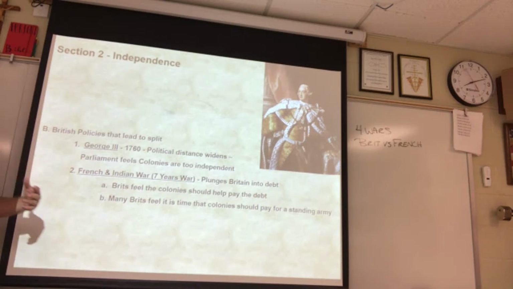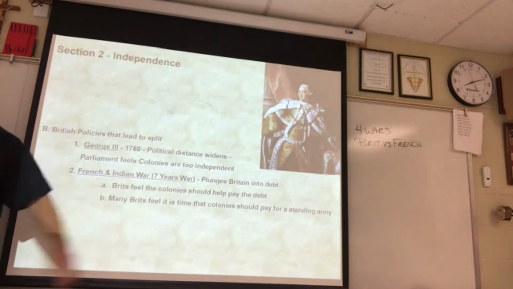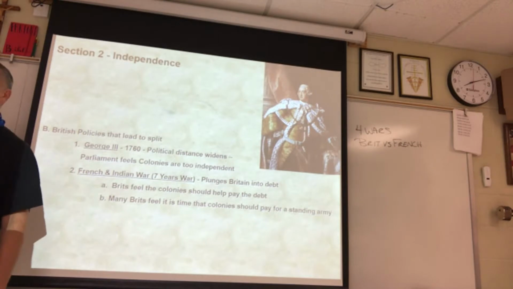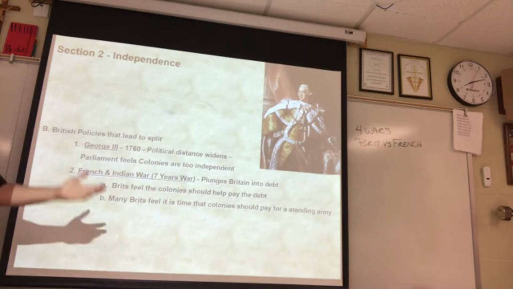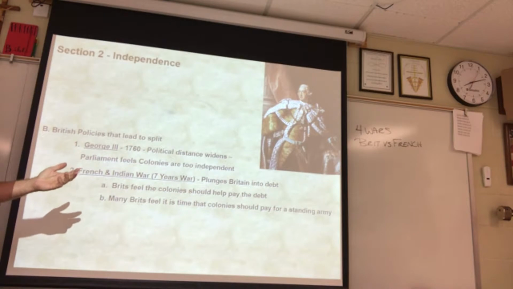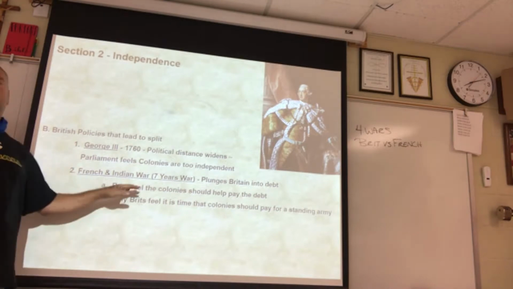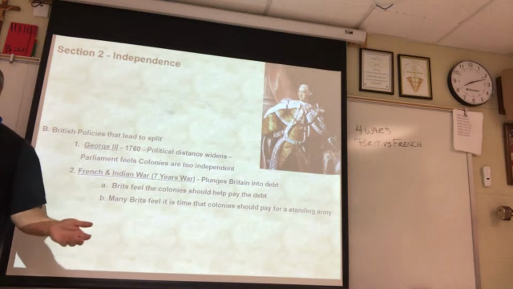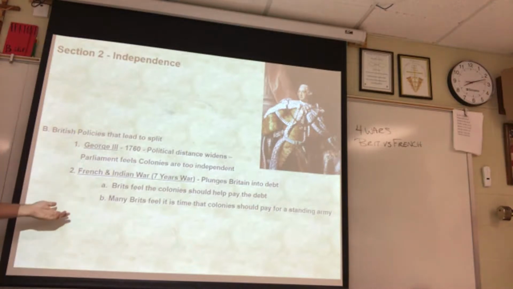Which lasted how many years? 7 years. In Europe, they call it the Seven Years' War. In Canada, they just call it the war. We use French and Indian, which in today's politically correct language is seen as offensive. We're not supposed to say Indians anymore, so Native Americans.